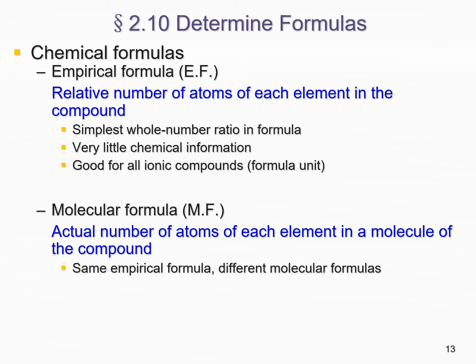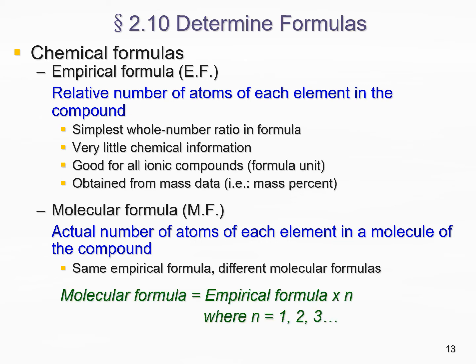So here, we move one step forward. From the mass data, for example mass percent, we should be able to get the empirical formula, and with the help of additional information, we should be able to figure out the molecular formula once we know what the n is. For example, multiply CH by 2 or multiply CH by 6. The difference between the empirical formula and the molecular formula is this n, which we call the multiplier.